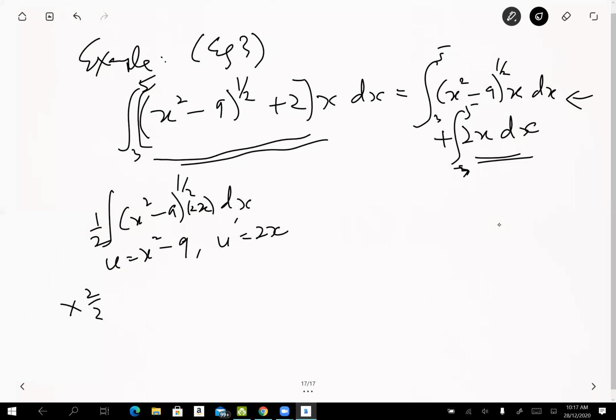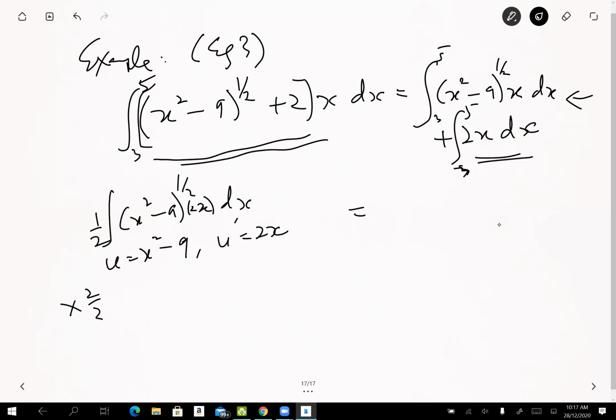So what you get, if you apply back to the question, would be the integral of, I think I will do it here so that we can get the answer right away. So the integral equals half x squared minus 9 to the power of half plus 1, that is 3 over 2, divided by 3 over 2.